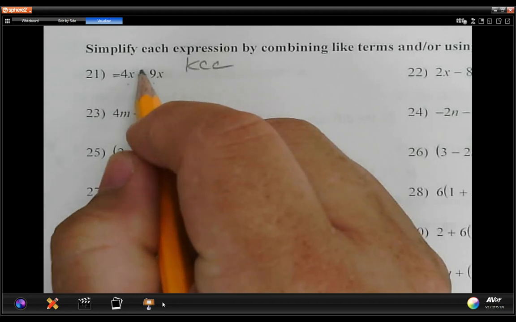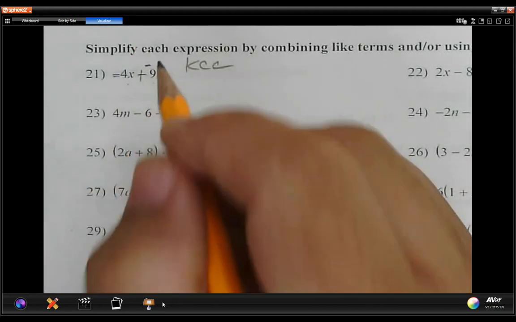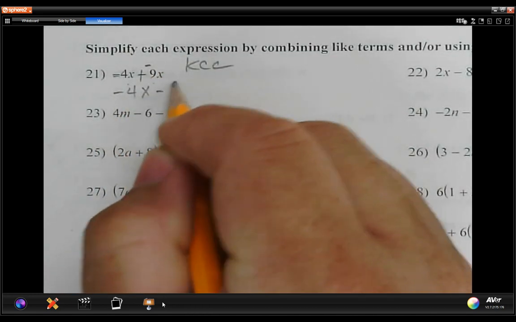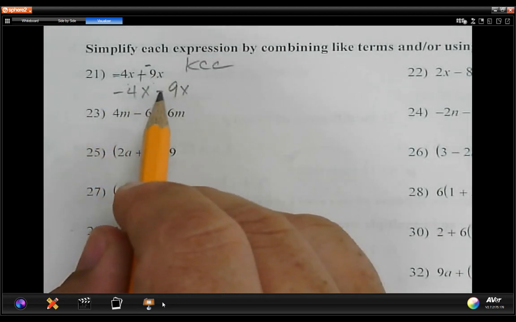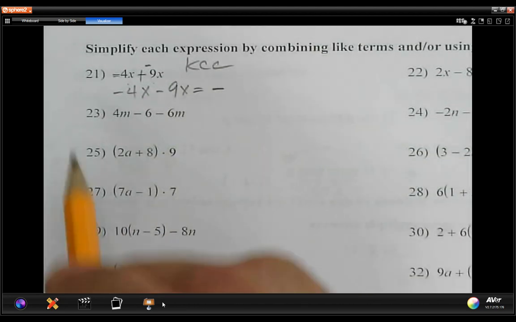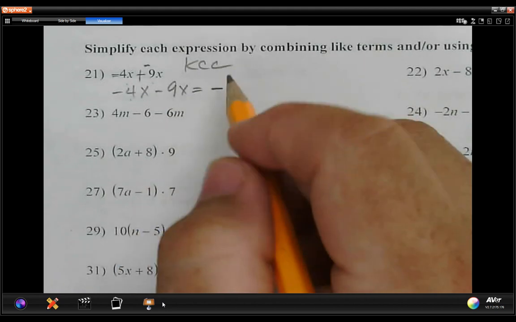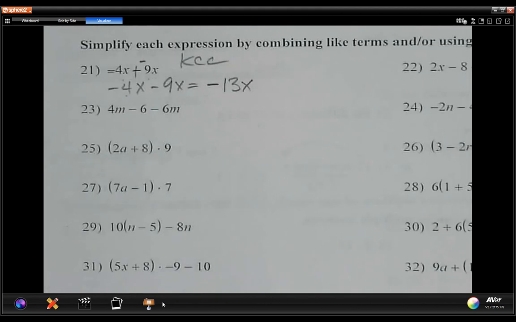I'm going to change this to addition, and I'm going to change this to a negative 9x. So really what I have now as a problem is negative 4x plus negative 9x, okay? And when I'm adding integers that are both negative, I'm going to end up with a negative answer. So negative 4 plus a negative 9 is going to equal a negative 13, and my x just kind of comes along for the ride.